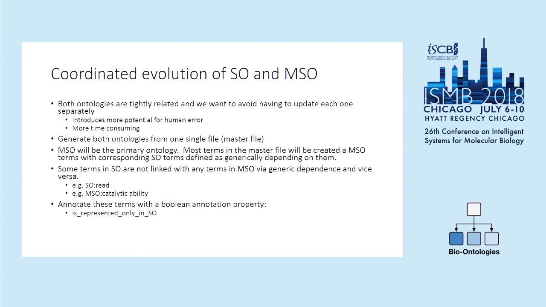But we're sort of getting our way around that by using them as Boolean annotation properties to filter our classes. So we will annotate entities like SO read with 'is represented only in SO', and those like MSO catalytic ability with 'is represented only in MSO', so my program can filter these out and understand there's no generic dependence relationship between these and any other counterpart in the other ontology.